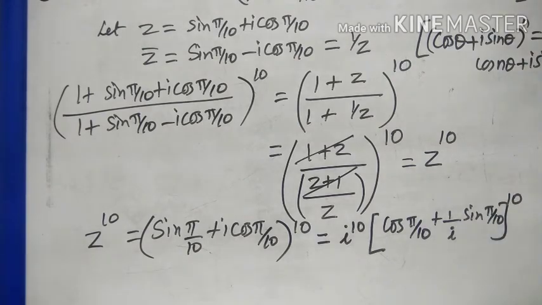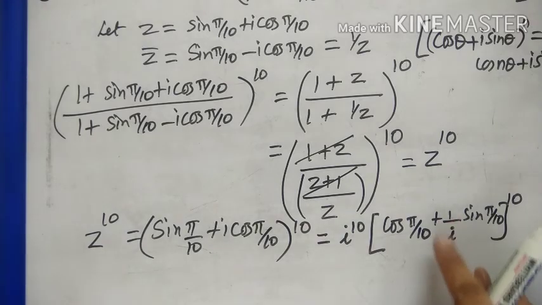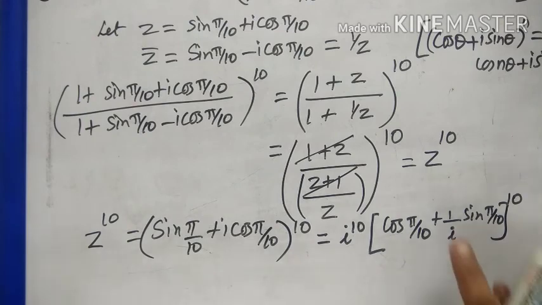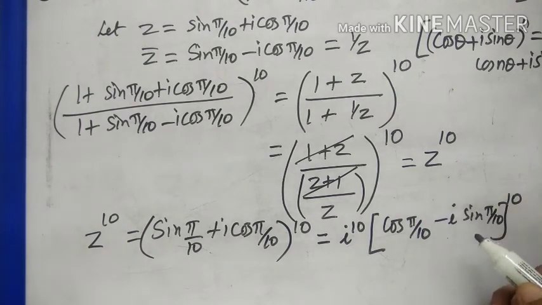Remember, whenever we take something out, every term must be divided by that. And what about this 1 by i? This 1 by i is nothing but minus i. We learnt about it in the very first class. 1 by i is nothing but minus i.